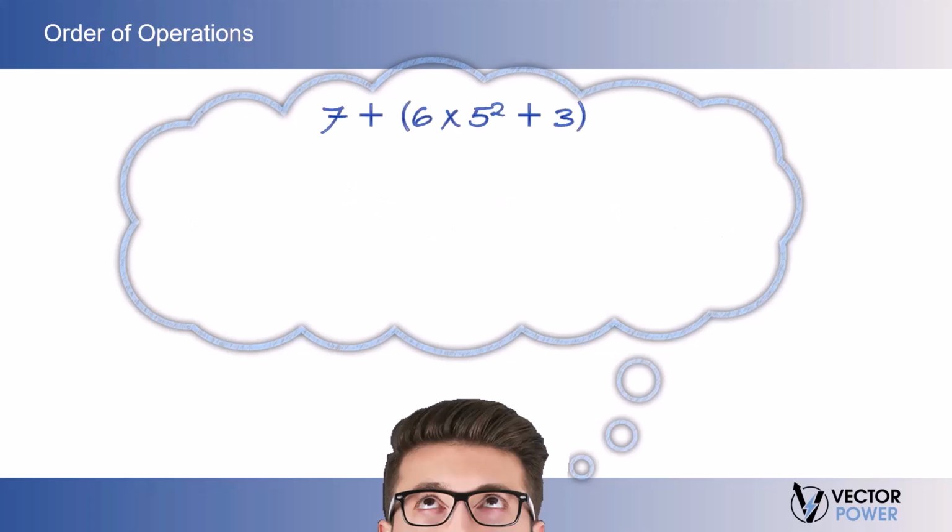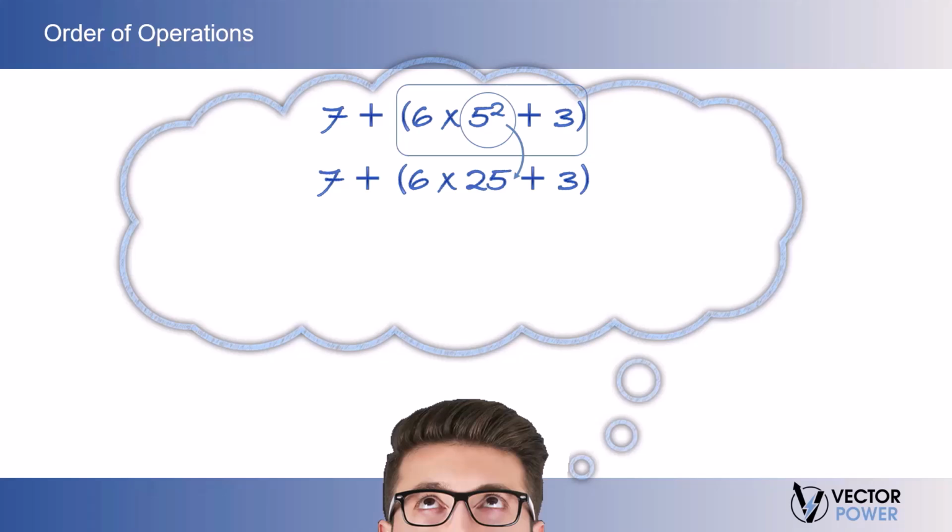So start by working inside the brackets or the parentheses. But pay attention, inside the brackets we must first deal with the exponent. So that would now provide us 6 times 25 plus 3.